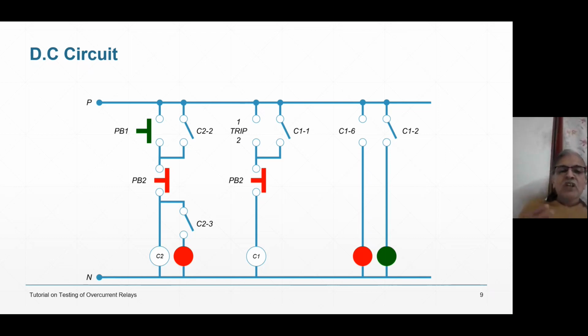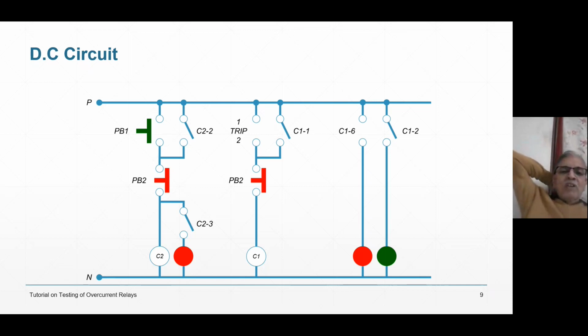If you push it, the contact will be open, and if you remove your hand, it will once again be closed. There are two contacts of PB2, and there is one more contact, PB3, that we will see in another circuit, for reset purpose.